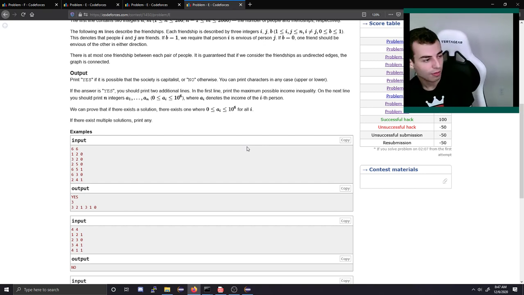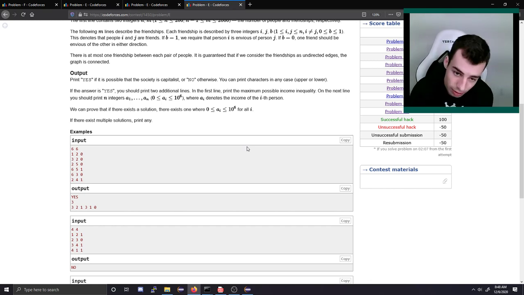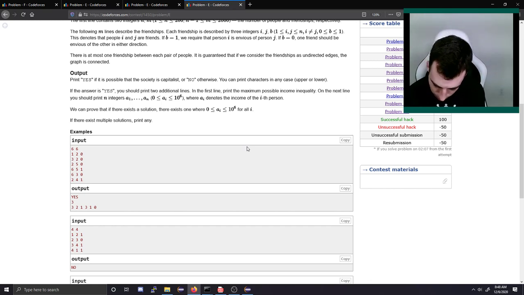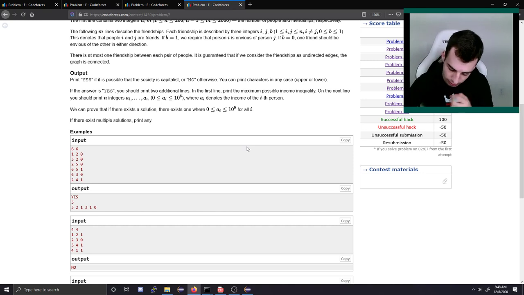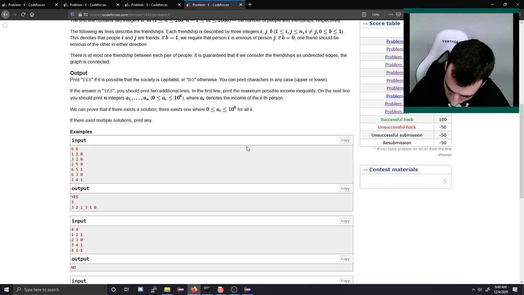The set needs to have all incoming edges, or all outgoing edges, and they become all incoming.